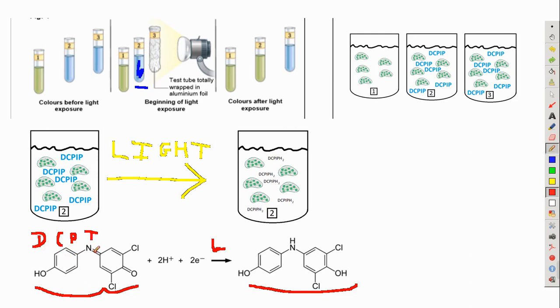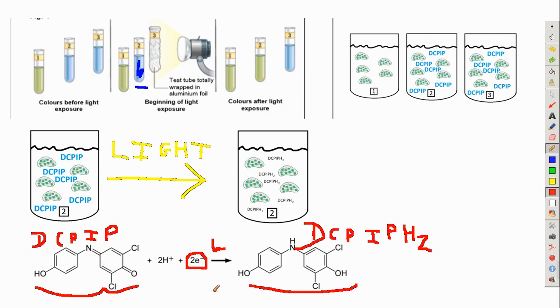DCPIP, as I said, in the presence of light, has been reduced to DCPIPH2. Okay, and we could maybe even go further. We could make this hypothesis that light intervenes in mechanisms which release electrons. Otherwise, DCPIP would not be reduced, because to be reduced you need the presence of these electrons.